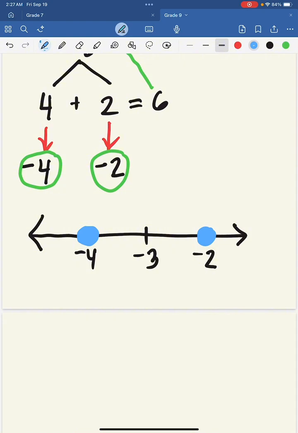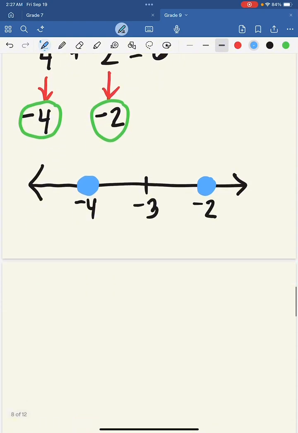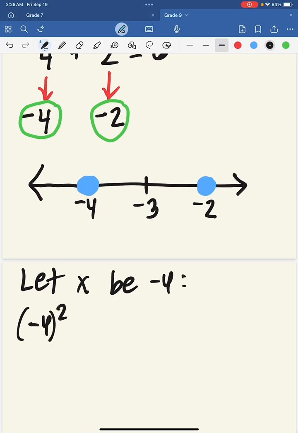So if we try to use the -4 and -2 for our given quadratic inequality, let x be -4. So we have -4 squared plus 6 times -4 plus 8 is less than or equal to 0.